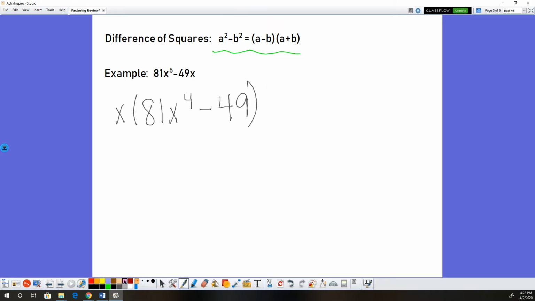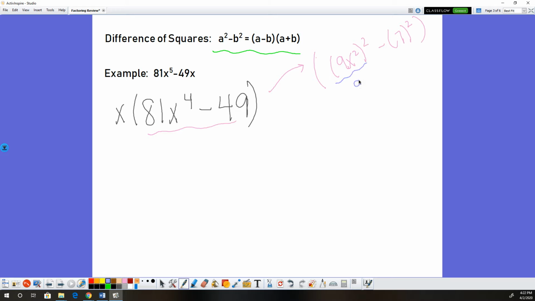Well, isn't what's in parentheses the same as 9x squared minus 7 squared? 9x squared, in parentheses squared, is 81x to the 4th. 7 squared is 49. So yes, this is a difference of squares.